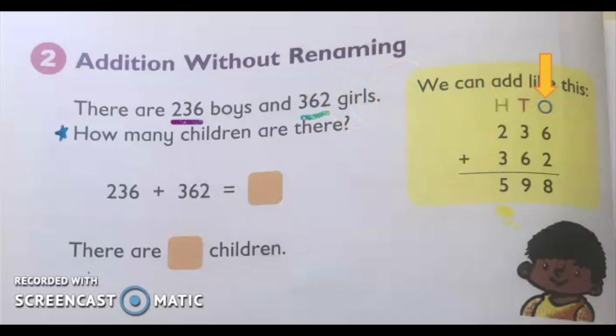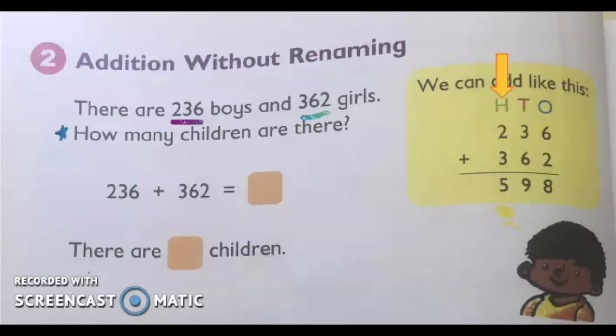So notice how all of the ones are lined up in the ones place. So let's see. We can add 6 plus 2 equals 8. Then let's look at the tens place. 3 plus 6 equals 9.